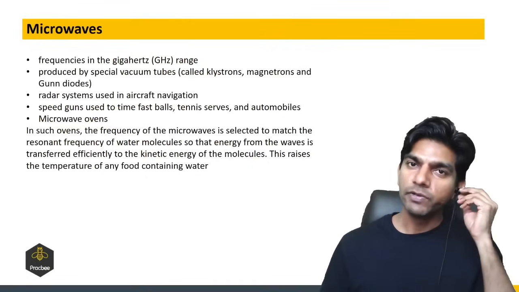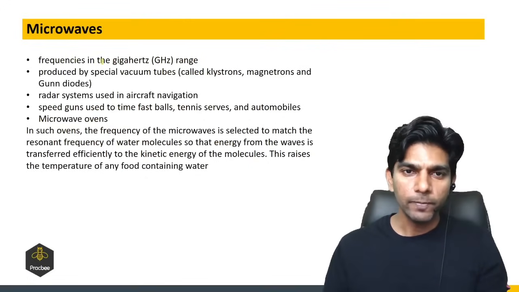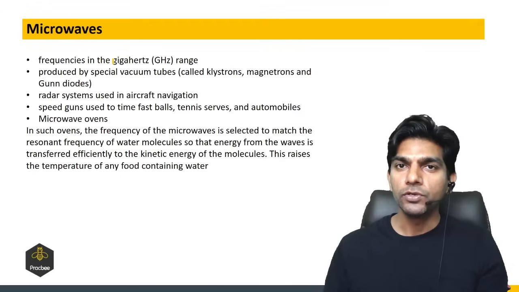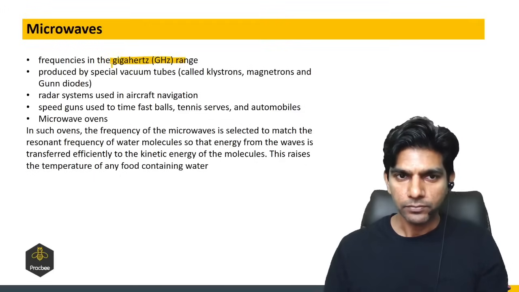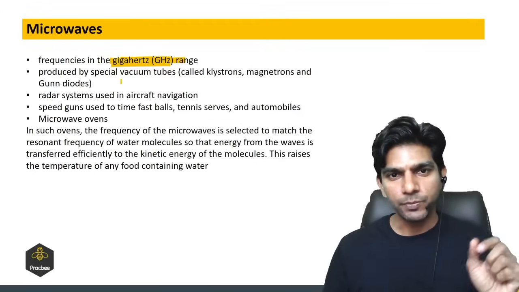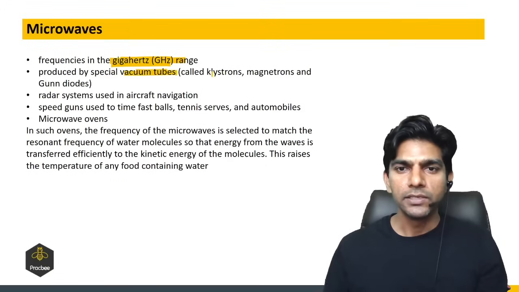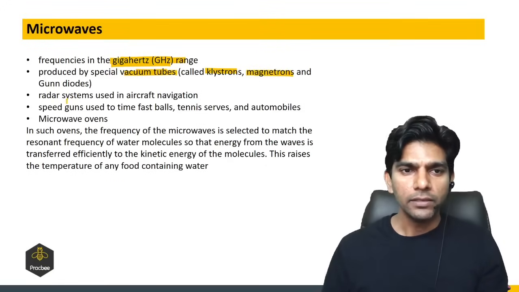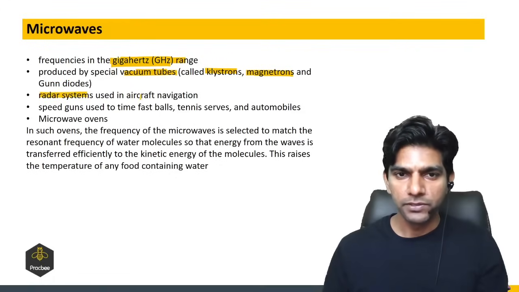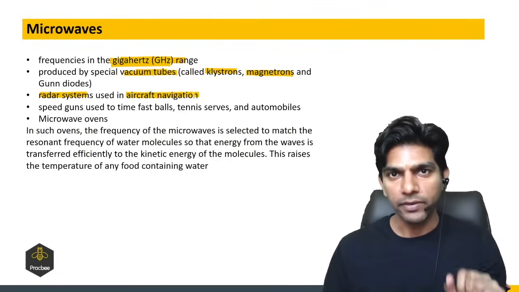Now the next type of electromagnetic radiation is microwave, and it has a frequency of the order of gigahertz. It is produced by special vacuum tubes known as klystrons and magnetrons. And it is used in the radar system where we can detect aircraft in the sky, and also for aircraft navigation.